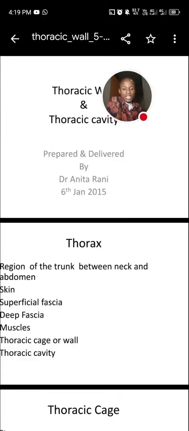Then posteriorly it continues with the upper surface of T1, and then anteriorly you have the manubrium sternal joint. That's about the thorax. The upper continues with the neck, and the lower is where, laterally, you have the ribs.